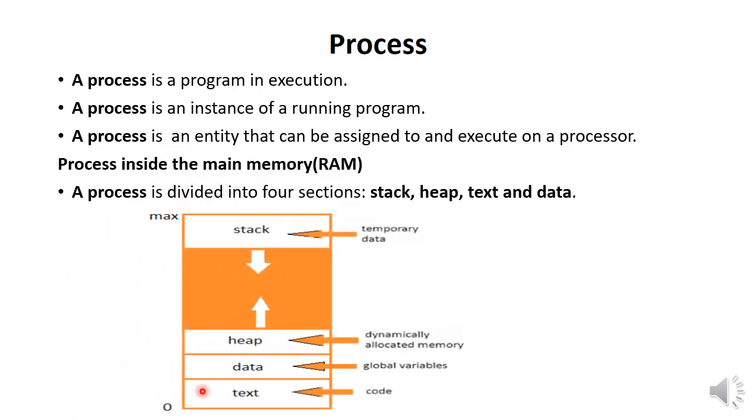So this is the portion or the part of main memory or random access memory. Once a process has been loaded into the RAM by the operating system, it is automatically divided into 4 sections.